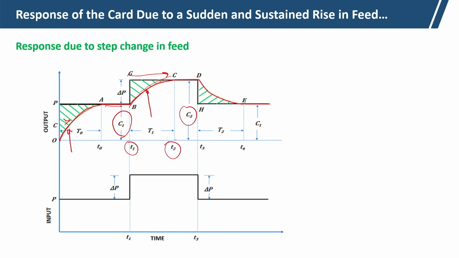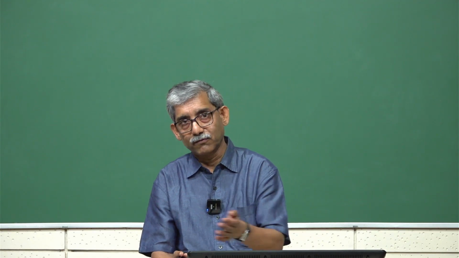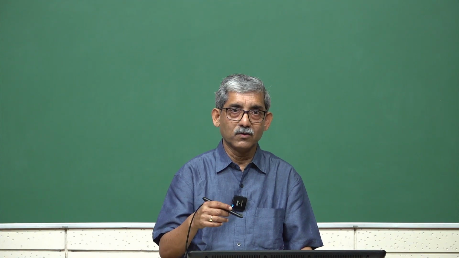At T3 we again reduced the feed input material by delta P, a sudden change, but the card load will not change suddenly, it will take time, because fiber has to be transferred from cylinder to doffer, which requires a certain number of rotations.